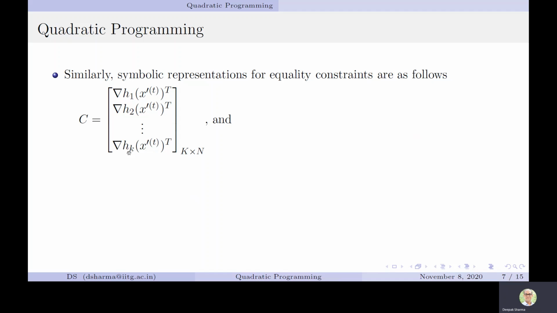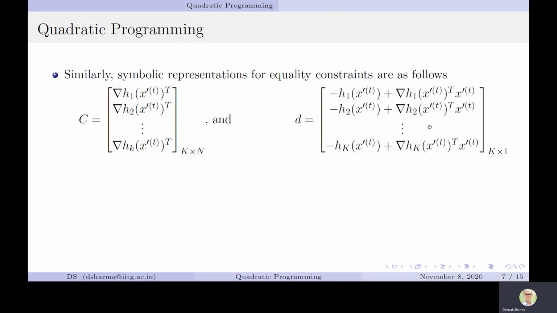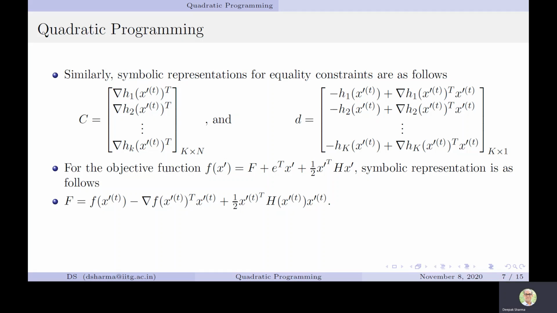So this k should be a capital K. Now this particular matrix will be of size k, the number of equality constraints, into the number of variables. Similarly, we can find the small d by simplifying our equations. Now, because we have identified A, B, C and D, all symbolic representations for constraints are over.